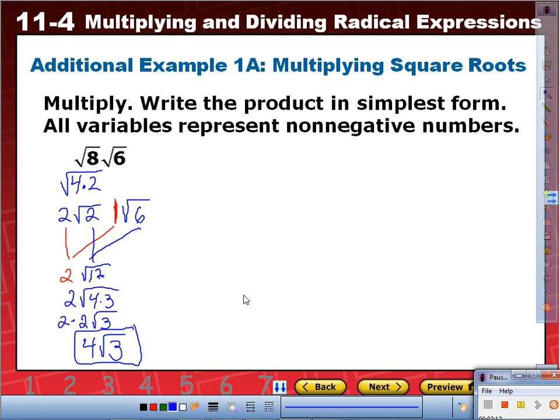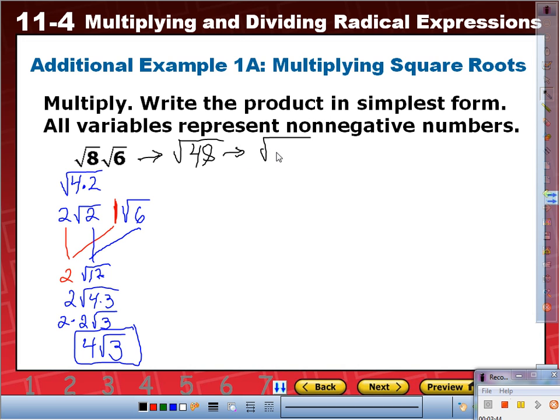Now, let me show you a different approach. Pens down, eyes up here. So this is one method. The other method, I didn't give you the steps for, but it's fairly easy if you follow the process in regards to multiplying. Are these two radicals? Yes. So that means I can multiply these two. This becomes 8 times 6, that's square root of 48. Can I simplify that?